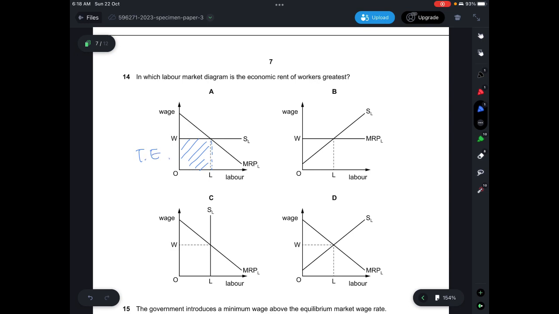If the supply curve is not perfectly elastic, rather it's something like B, for example, then this particular portion would be your economic rent, and then the portion at the bottom, I'm just going to use red color to represent it, this one would be your transfer earning. Okay, because normally in markets that are perfectly elastic, supply for labor is perfectly elastic.